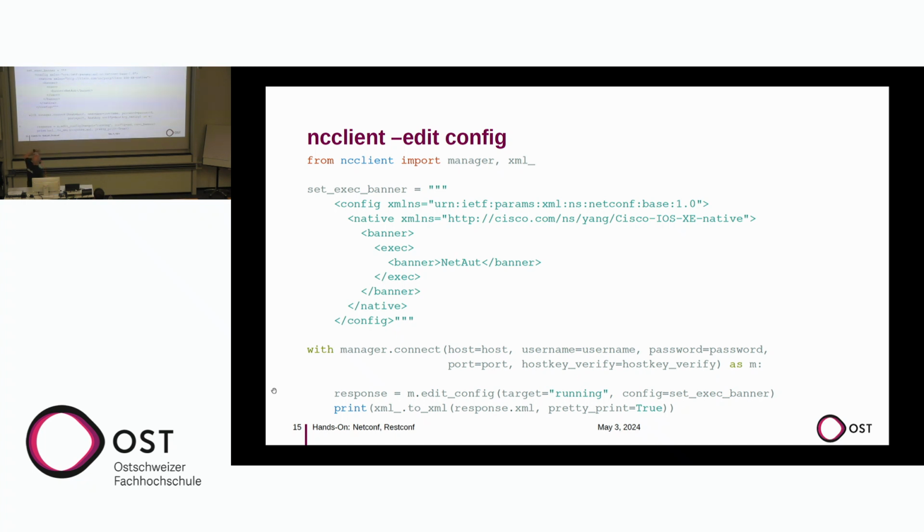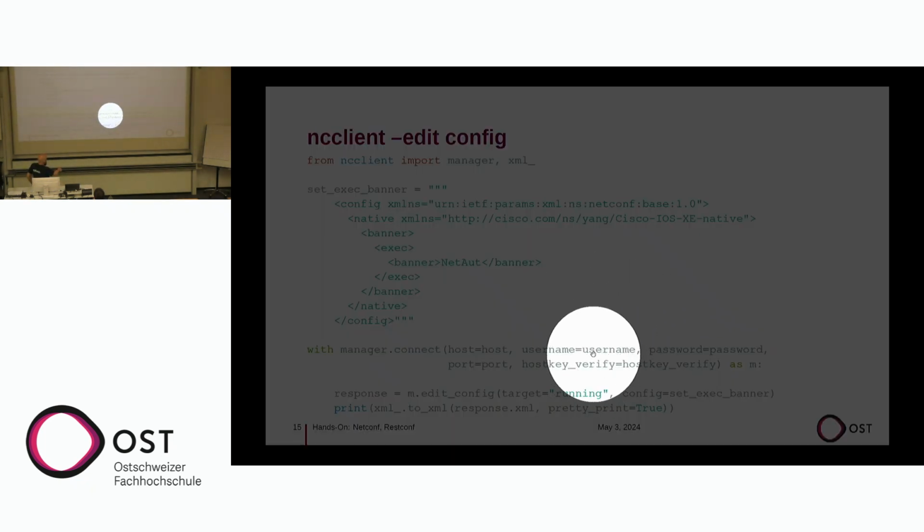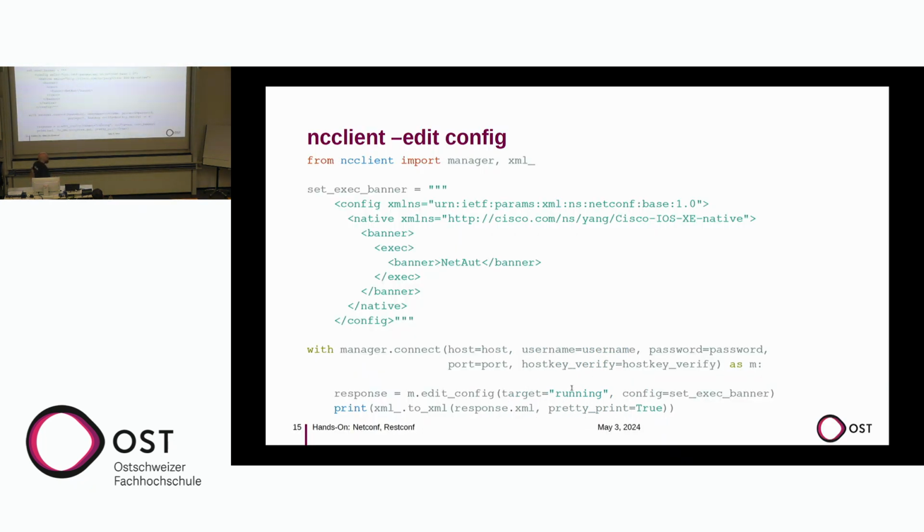And here we defined in the configuration, in the native model, banner execute, the banner we want to be this string. And if I send this with the edit-config RPC, in this case directly to the running datastore, if I, for example on Cisco, don't have the candidate store enabled, this will be applied immediately.